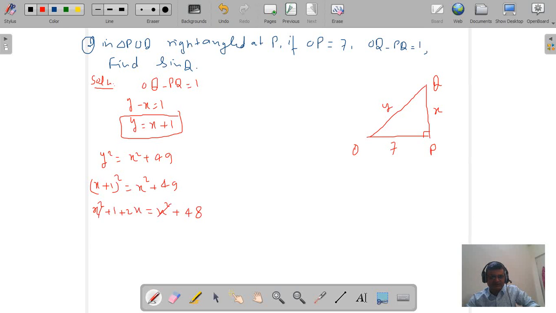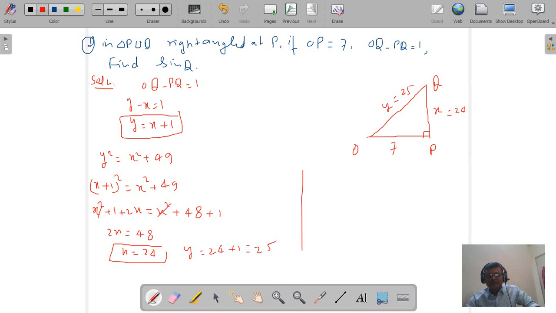X square gets cancelled. So 2X is equal to 48. So X is equal to 24. So when X is equal to 24, Y will be 24 plus 1, that is equal to 25. So this Y is going to be 25.